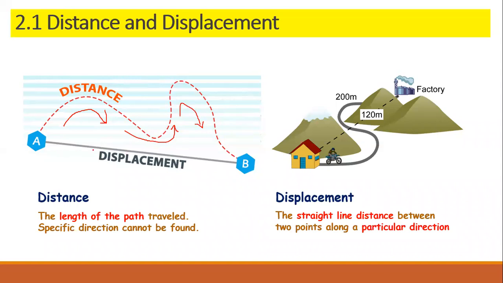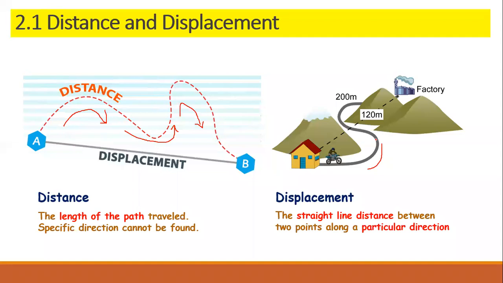But if we take a straight line between A and B, it is the displacement. There are no bends there. And in this image, there are some mountains and a road between the mountains, and the roads are turning to different sides.